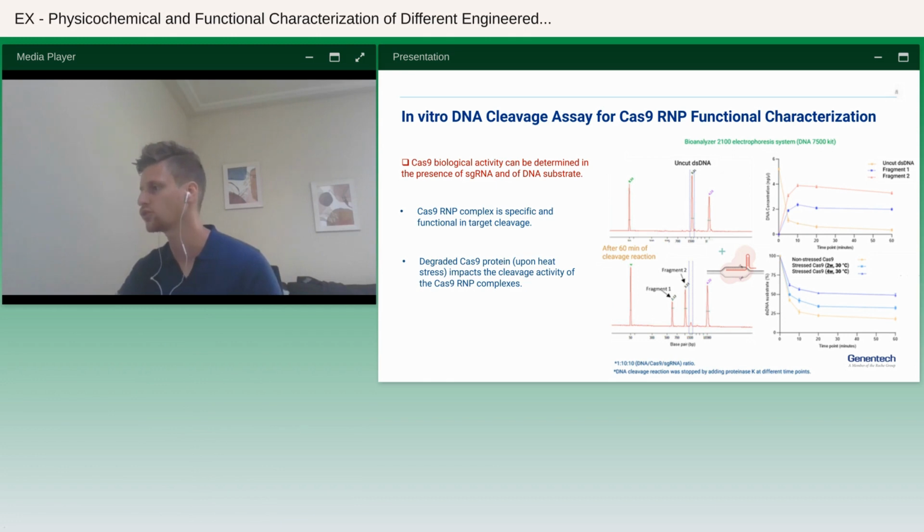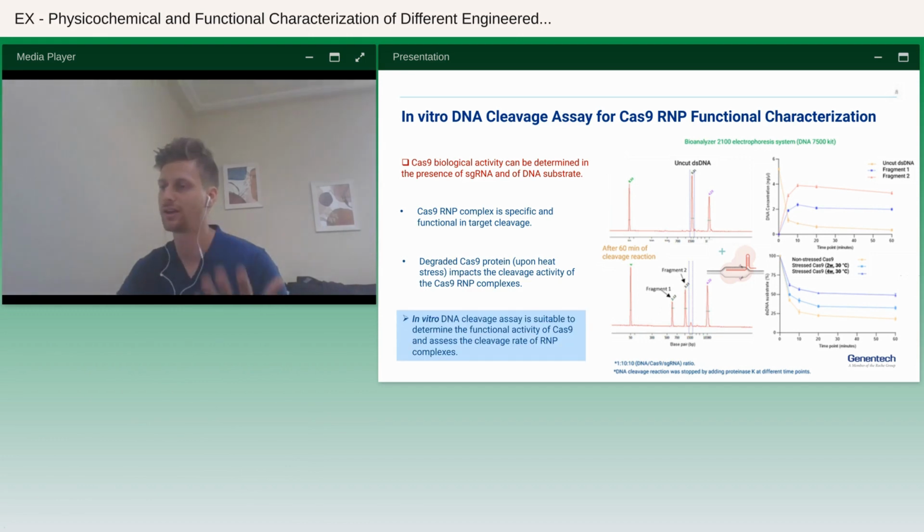For example, for the non-stressed Cas9, we have like 75% of double-stranded DNA substrate cleaved versus only 30% with the stressed Cas9 at 30 degrees. So basically, with this in vitro DNA cleavage assay, you can determine the functional activity of Cas9, and you can also assess the cleavage rate of RNP complexes.